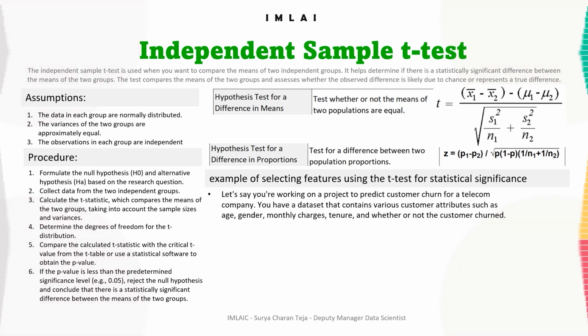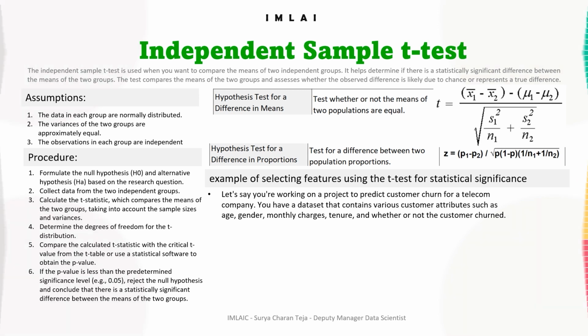Let's say we are working on a project to predict customer churn. It's basically a real world example. Most data scientists would have faced this challenge of working on this project.